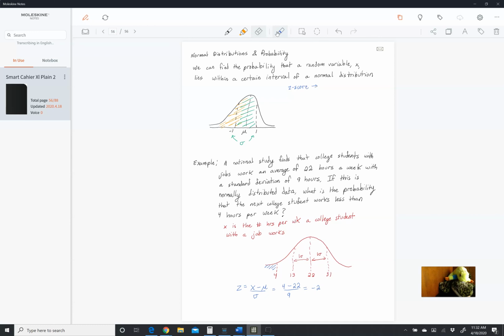So our z-score, and we'll put this up at the top, is the number of standard deviations away from the mean. It tells us where we are on the normal curve.